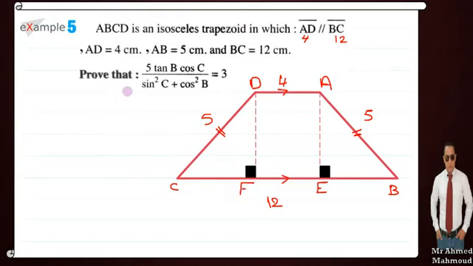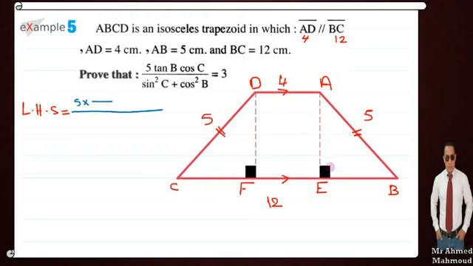This one is called the left hand side. So I will write left hand side equals 5 times tan B in triangle ABE.